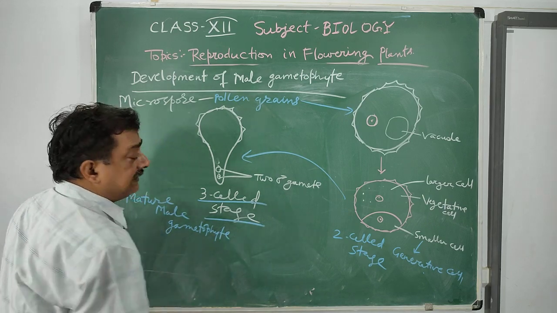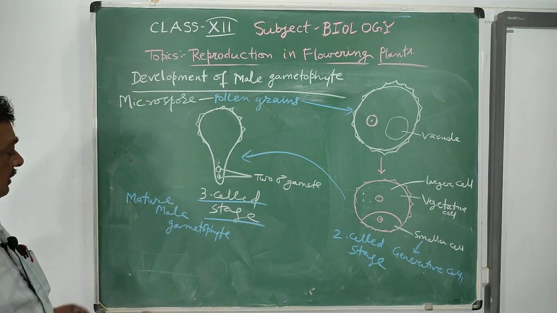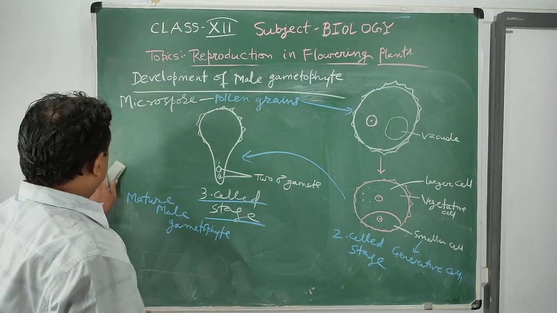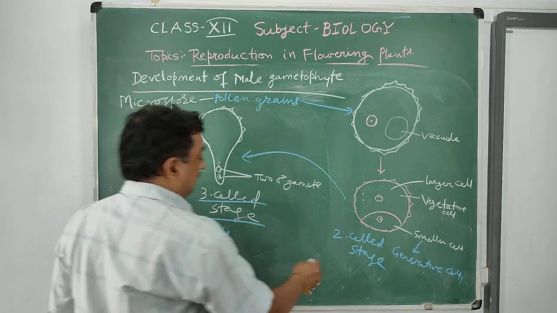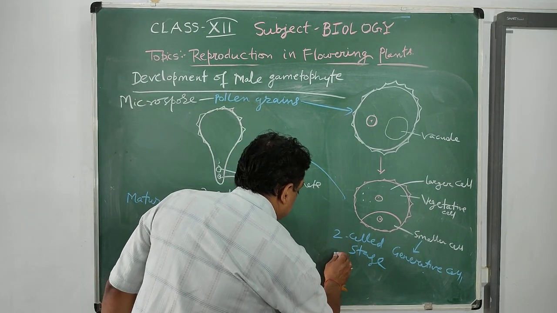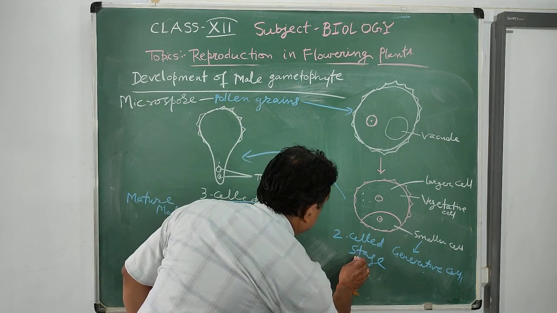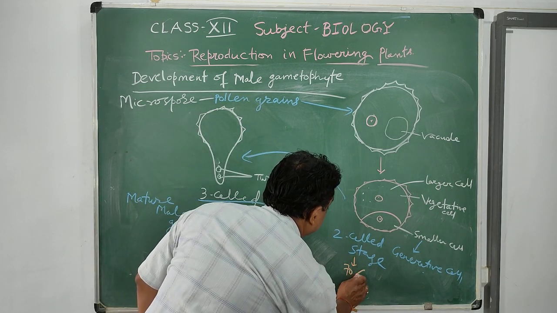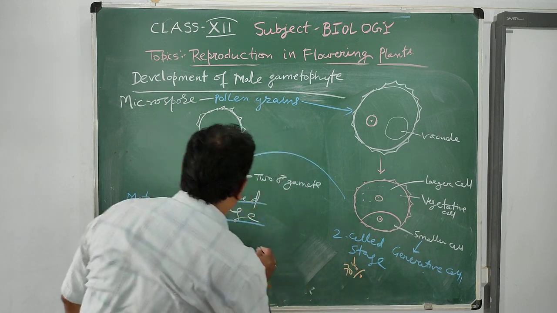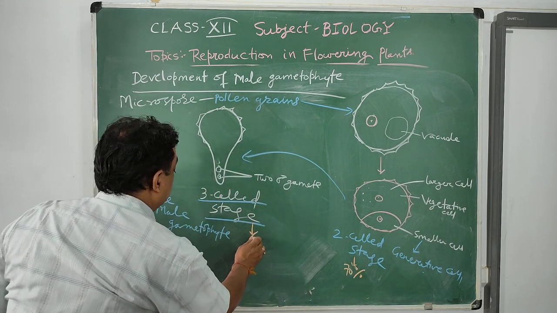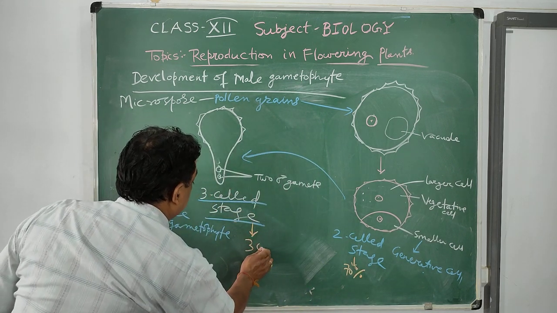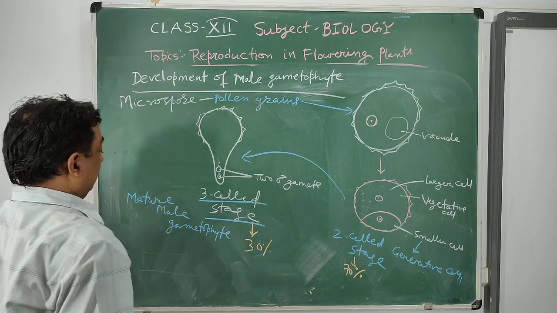It has been reported that in about 70% of plants, pollen grains are shed at the two-celled stage, but in 30% of plants, pollen grains are shed at the three-celled stage.